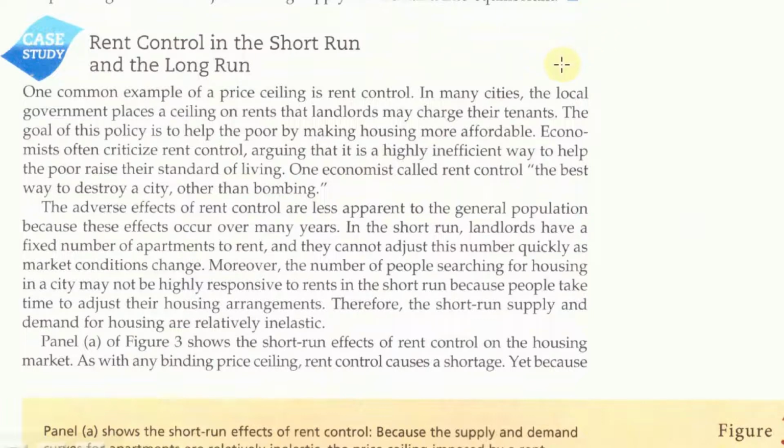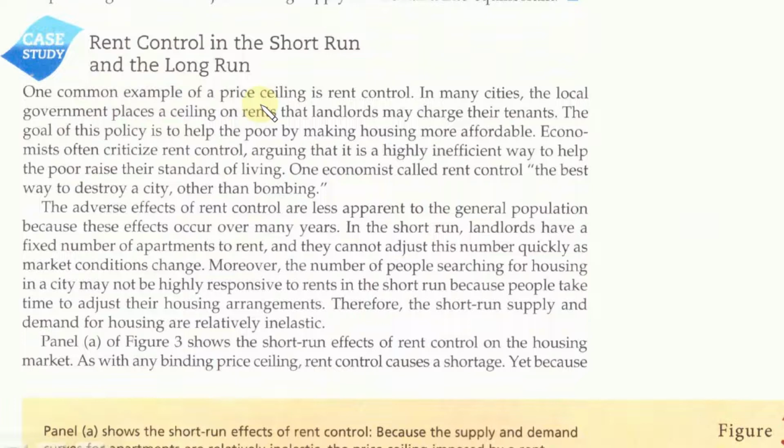Okay, this is one common example of rent control in the short run and long run. As it is expressed in this text, we may see that this is a similar explanation to the prior examples, ice cream cone and crude oil.